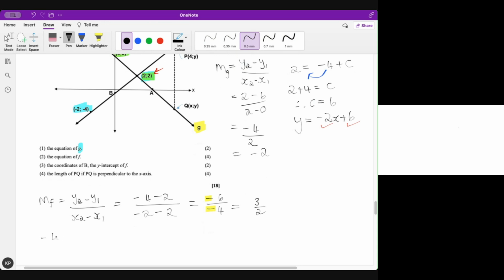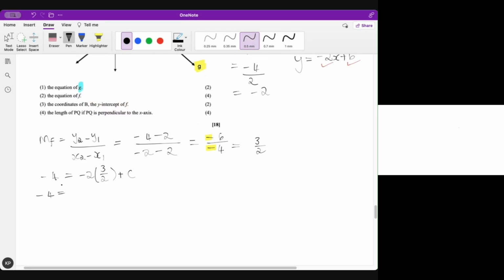So y, which is negative 4, equals x times the m plus c. What's negative 2 times 3 over 2? Please work that out for me, guys.